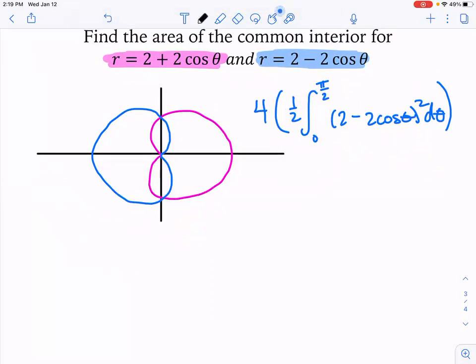Yes, the interior. Okay, uncommon. The uncommon interior. If I wanted the uncommon interior, then that means I want what I'm coloring in pink right here multiplied by 4.